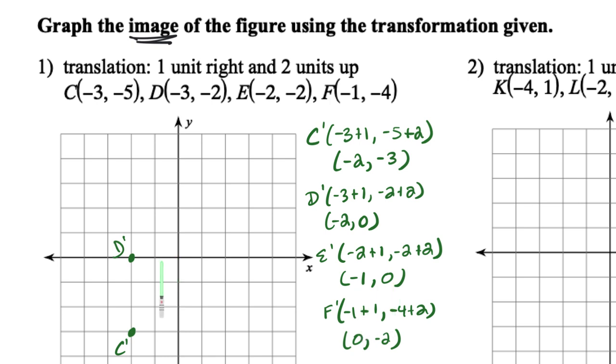So from here, I'm moving 1 to the left, and then it's not moving on Y, so it's 0. And then the next one is 0, -2. So from X, I'm not moving right or left because X is 0, and then I'm moving 1 and 2 down. That means that this point right here is F prime. Now I'm just going to connect those points, and that's my image after that translation.